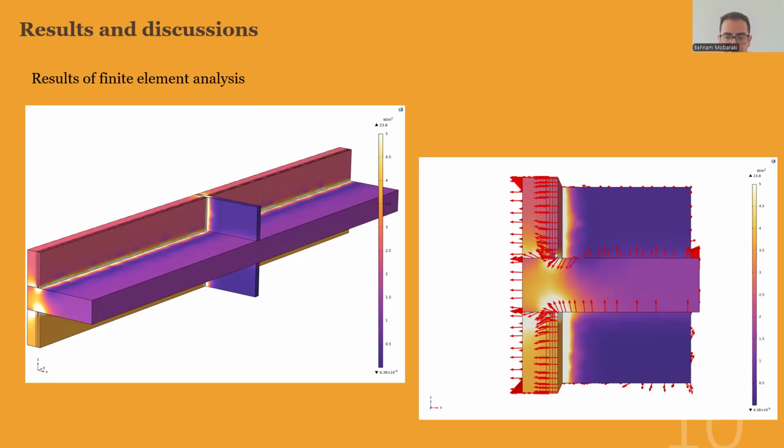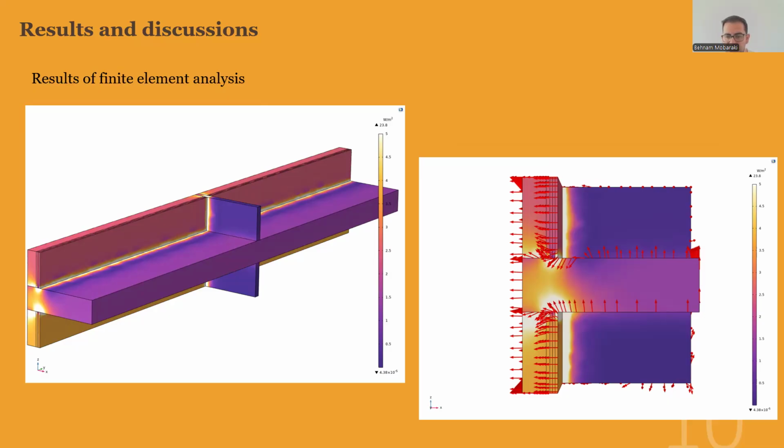The localized intensification along edges and interfaces highlights how geometric discontinuity creates a preferential heat path, reducing the overall thermal performance of the structure.